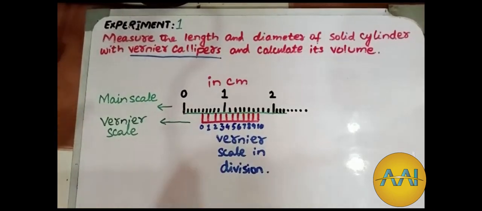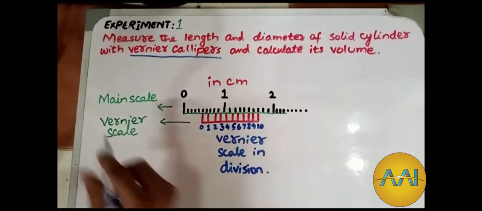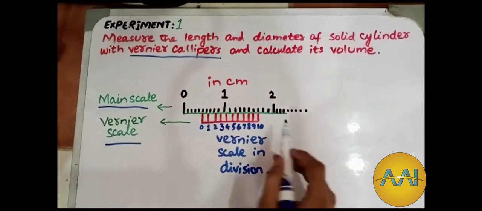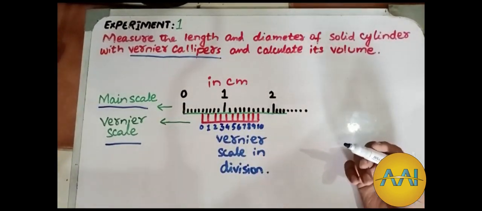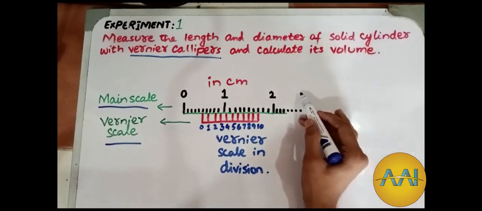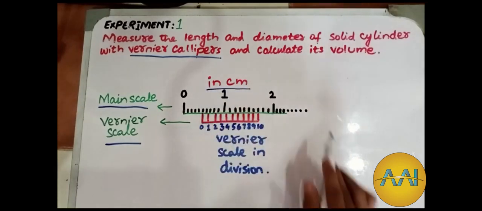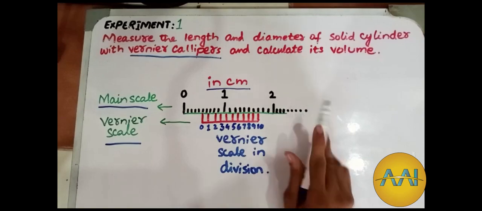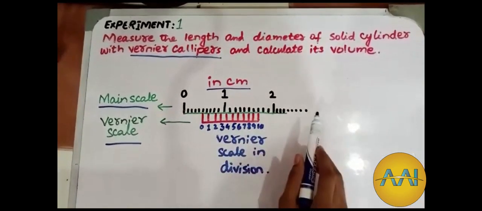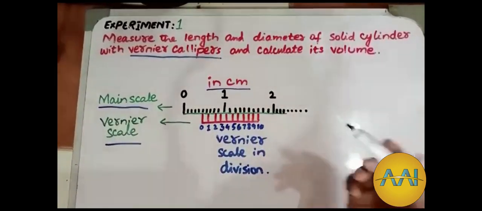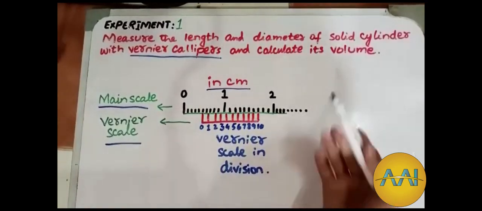As I told you, the vernier caliper has two scales. One is the main scale, as you have already seen on this board, and the other one is the vernier scale. The main scale is in centimeter, and it is the same as the scale in your pencil pouch or in your geometry box.